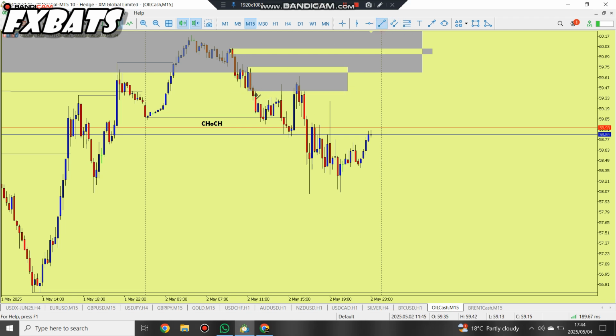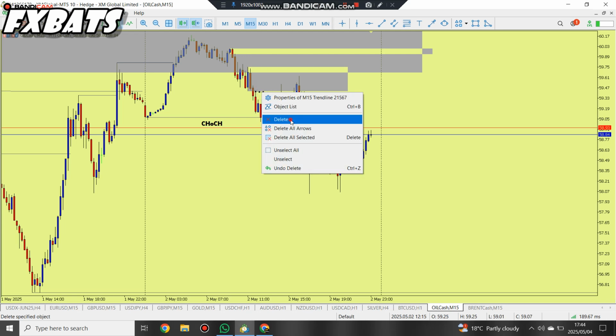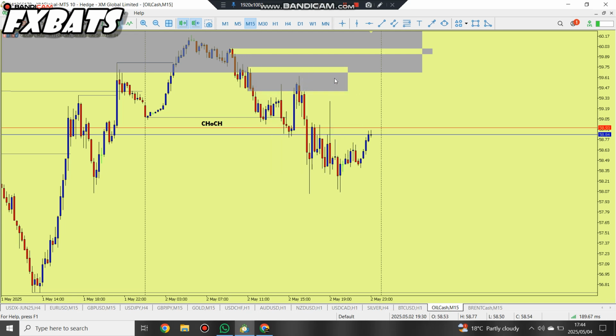So I had two areas of origin, and I was waiting for price to tap either of them so that I could start selling. They were all in premium: this one is above 50 and the other one is above 61.8. That's the premium pricing.